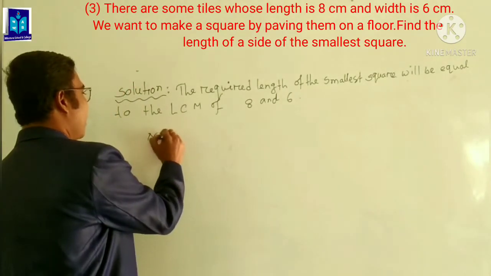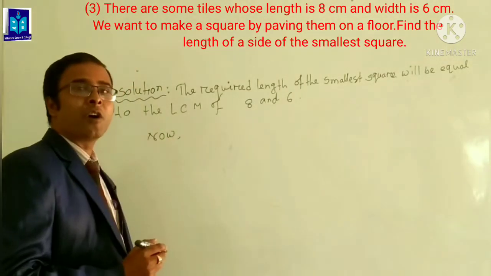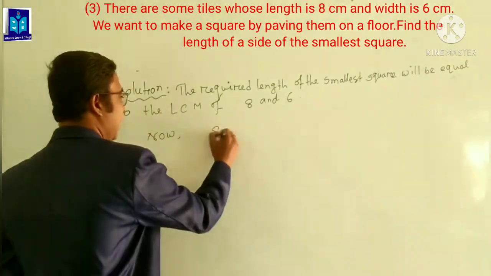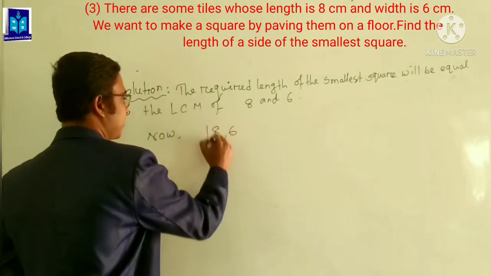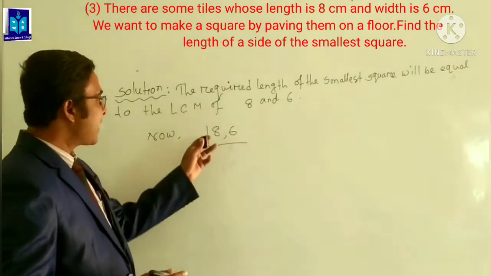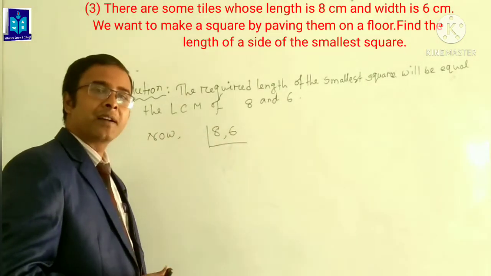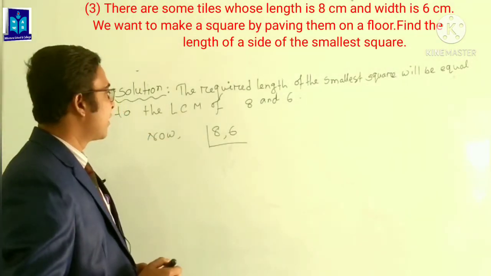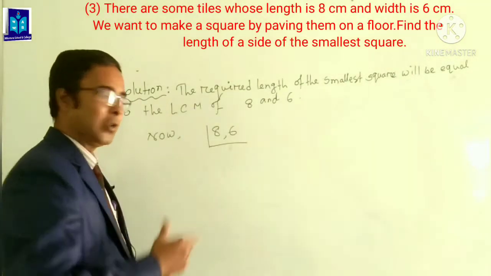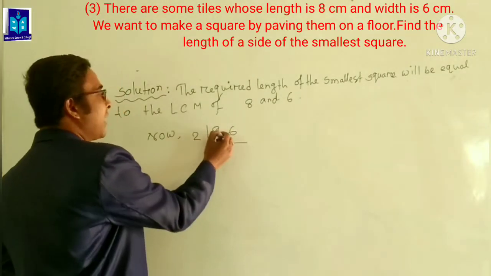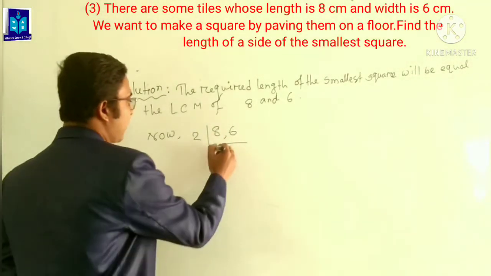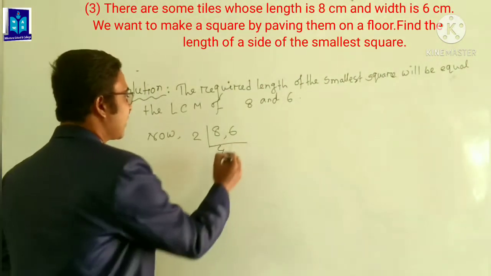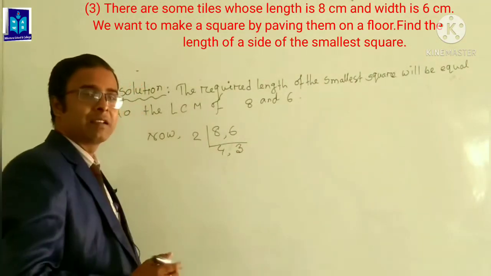Okay students, already you know how to find LCM. So now we will find LCM of 8 and 6. Here 8 and 6 both are even number and lowest prime number is 2. So both number we can divide by 2. On 8, 2 will go 4 times. On 6, 2 will go 3 times.